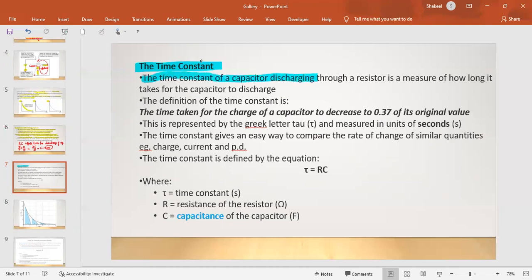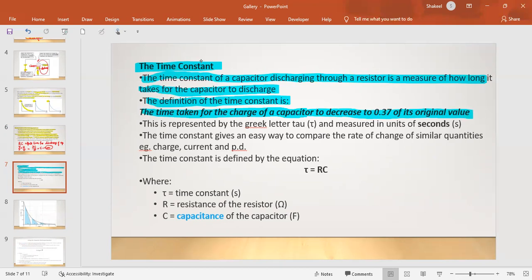The time constant for a capacitor discharging through a resistor is a measure of how long it takes for the capacitor to discharge. The definition of the time constant is the time taken for the charge of a capacitor to decrease to 0.37 of its original value. Another way to state this is: decrease to 37%. If it has 100% charge, how long will it take for 37% to remain?